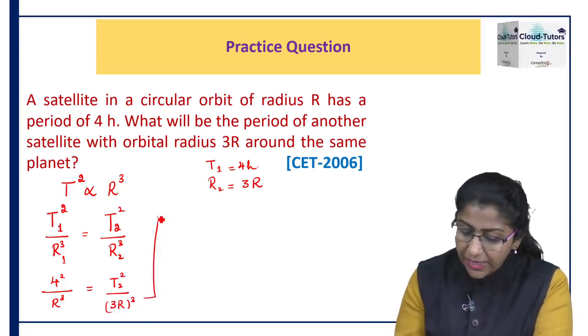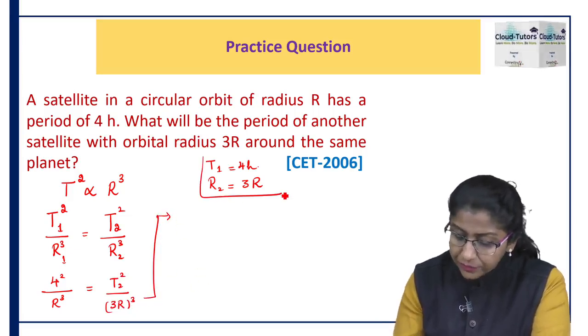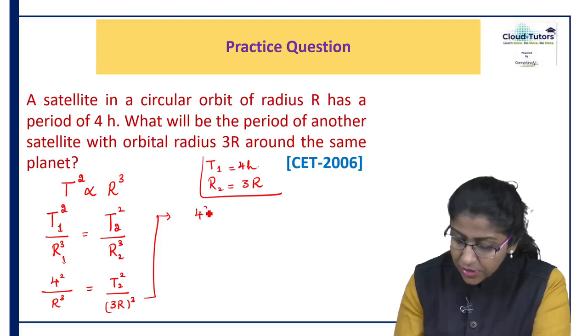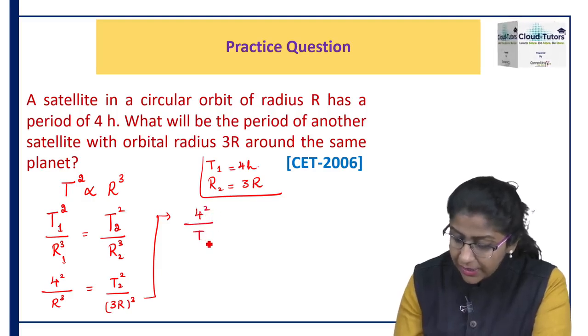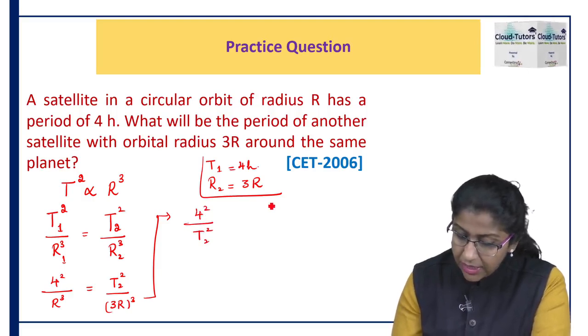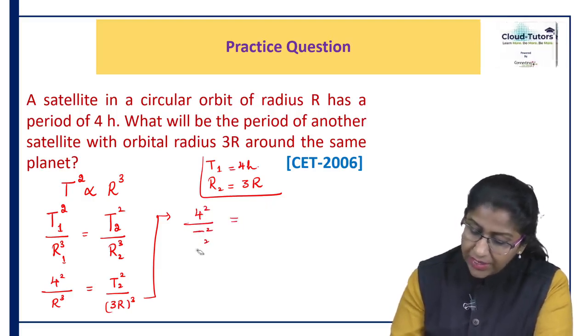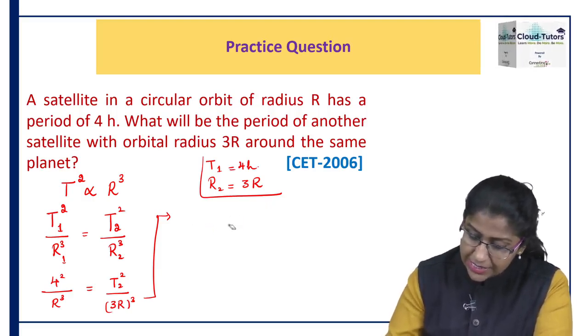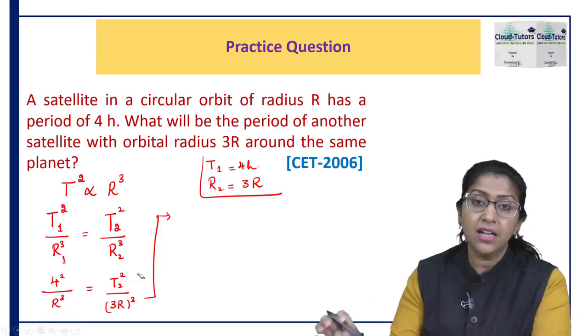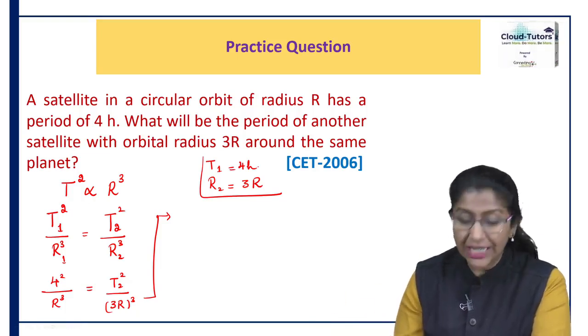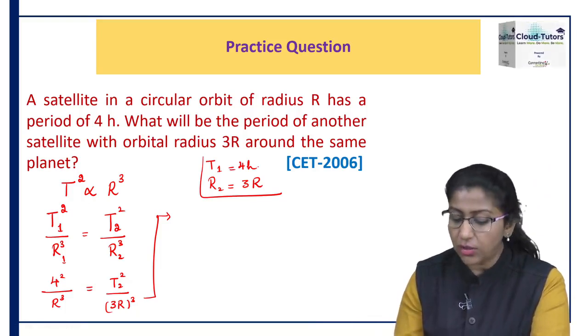On simplifying this, what do we get? Just take the periods on one side and the distances on the other.